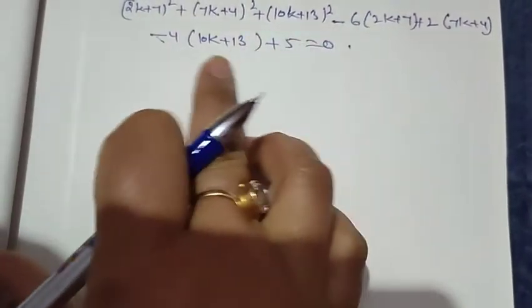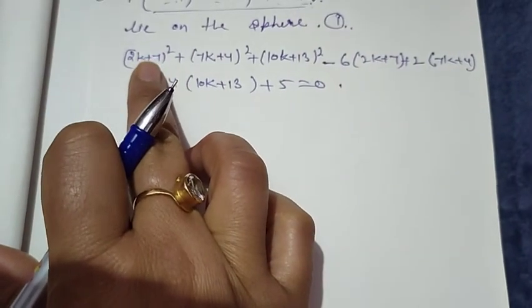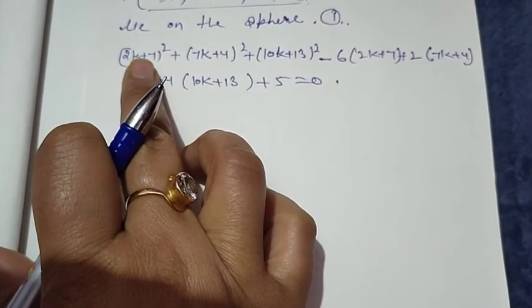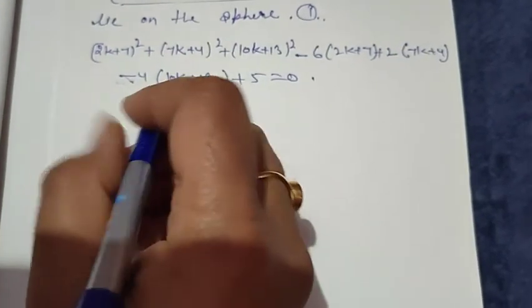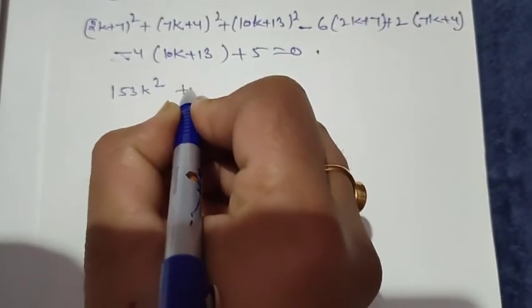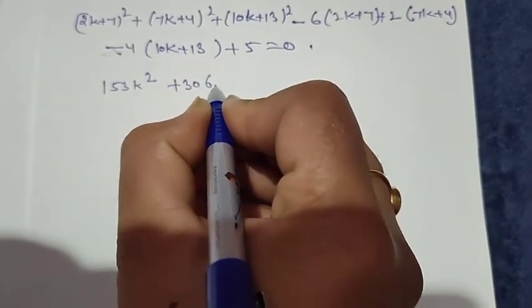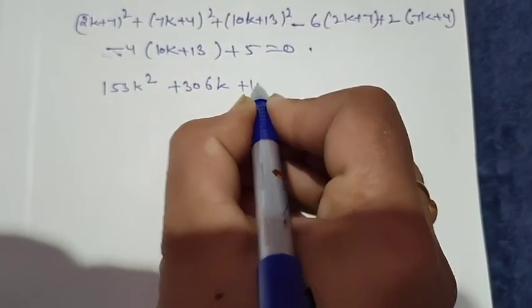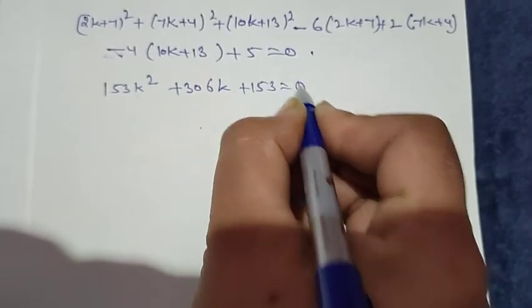After solving this equation for the value of k, we find 153k² + 306k + 153 = 0.